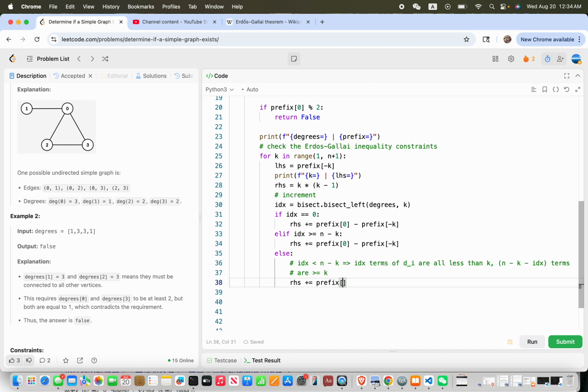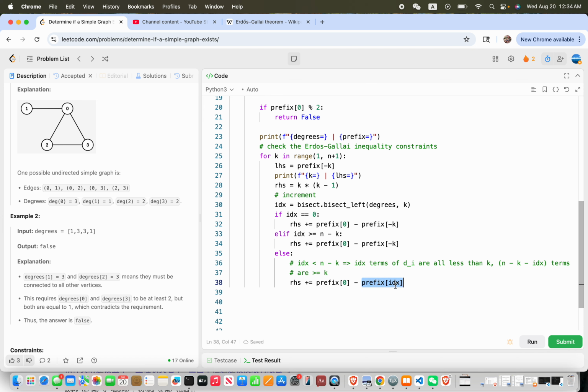So it's going to be prefix 0 minus prefix idx, because this sum contains the summations of the terms from 0 to idx minus 1, in other words, idx terms, right?